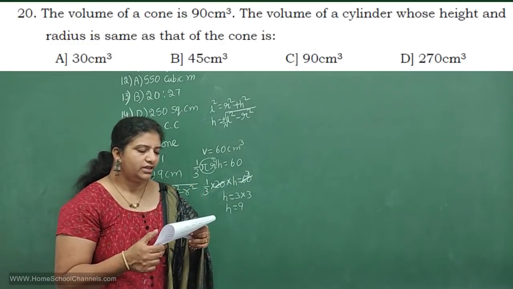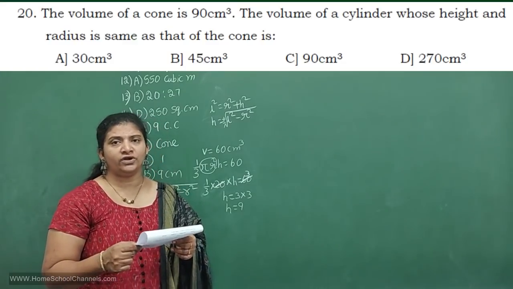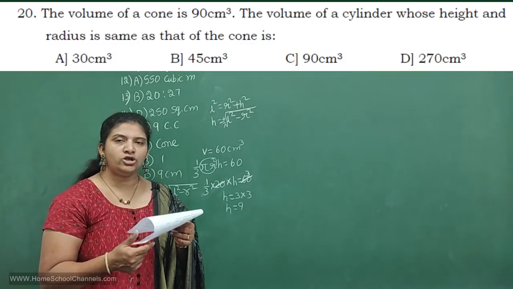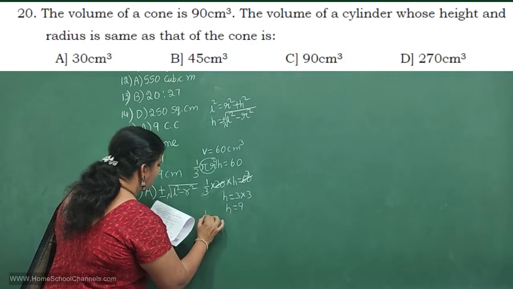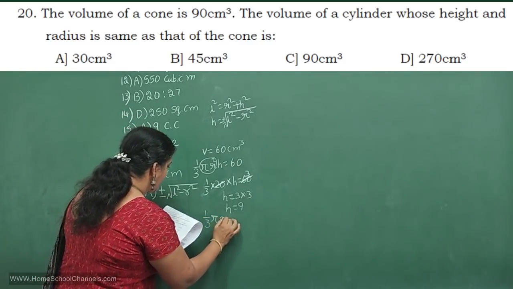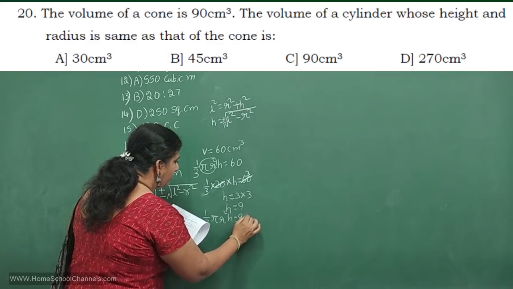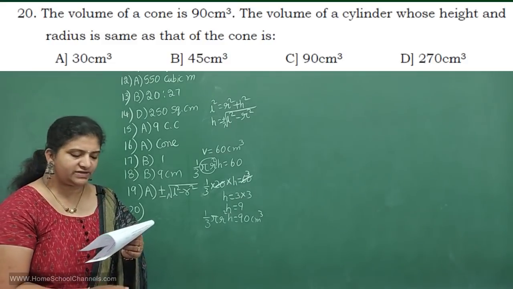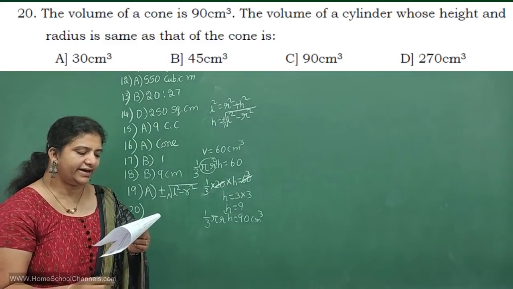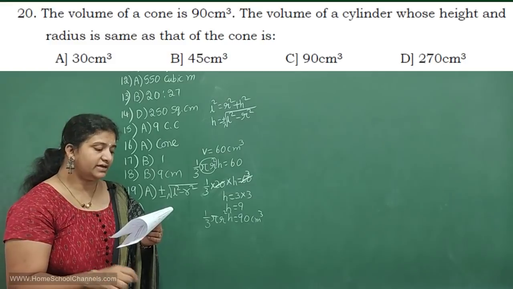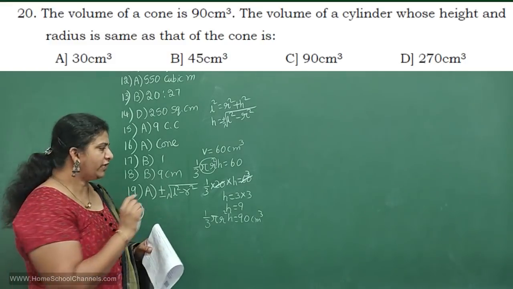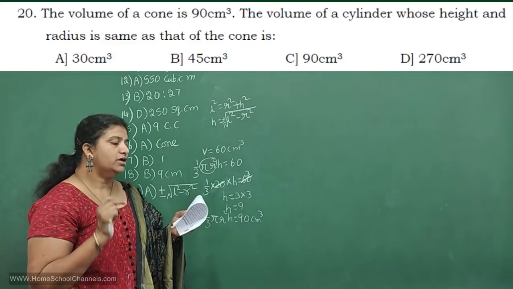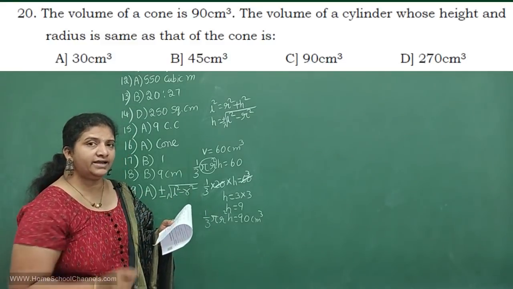20th one. The volume formula of a cone is 1 by 3 pi r square h. Volume of a cone is 90 centimeter cube. The volume of a cylinder whose height and radius are the same as that of the cone.